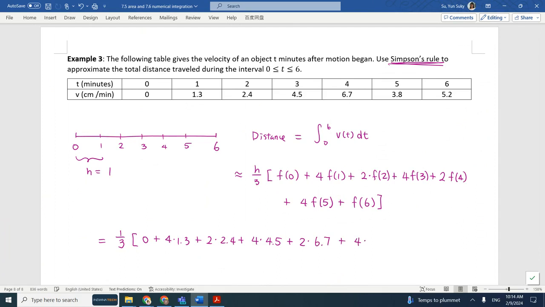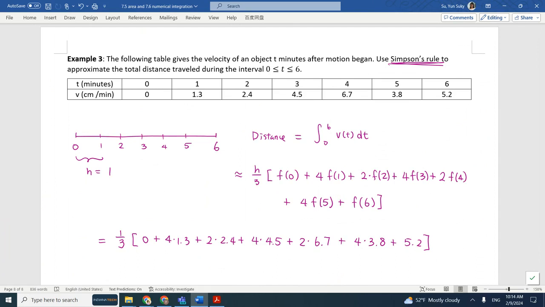Plus 4 times 3.8 plus 5.2. Is that okay, everybody? We plug in the numbers from the table: left endpoint, right endpoint, 1 copy, all the interior points 4, 2, 4, 2, 4.